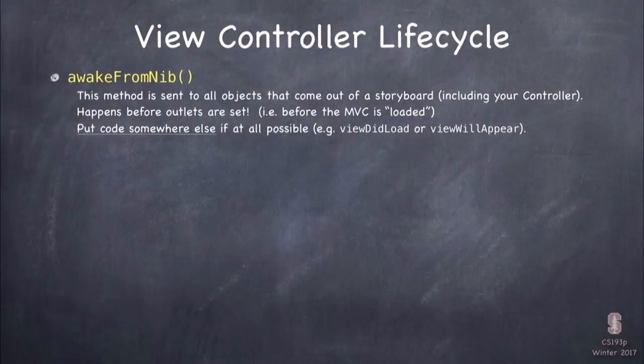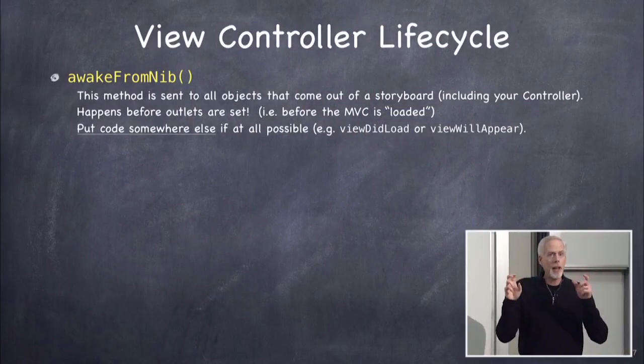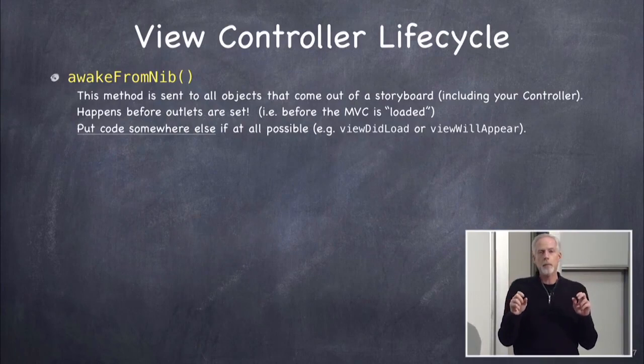All right, there's one other little thing that's not part of the view controller lifecycle really, but just every single object that comes out of a storyboard, views, view controllers, everything, gets sent awake from nib. And they get sent it pretty early, right as soon as they come out. Now, you can't use it to satisfy the requirement that all vars are initialized, but you can use it to do really early initialization.